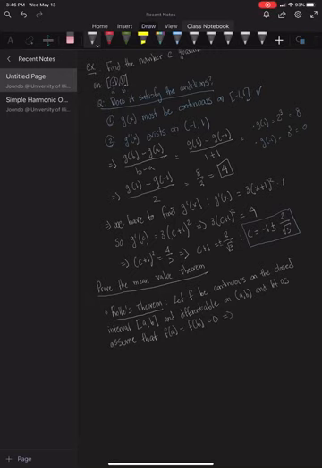Then there exists a point, and let us call this point x0, in A and B, such that f prime of x0 equals 0.